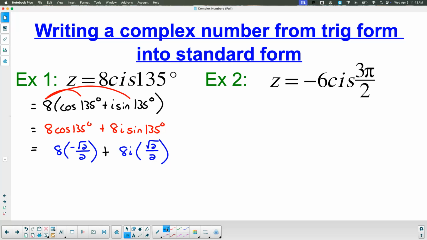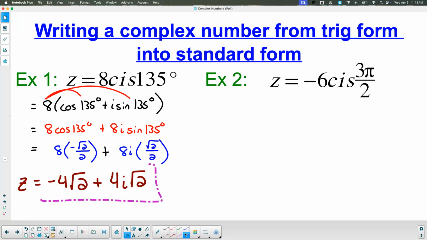Eight times negative square root of 2, then divided by 2. This first blue one: negative 4 square roots of 2. Eight times i times square root of 2 divided by 2: 4i square roots of 2.